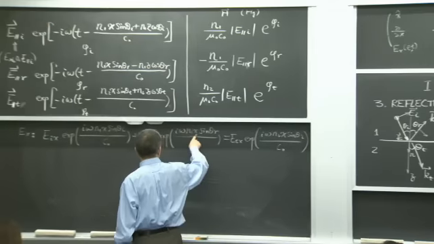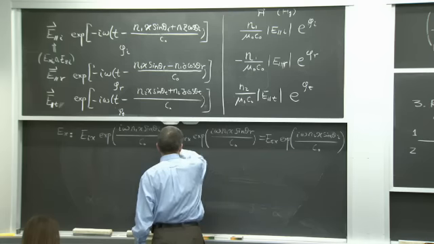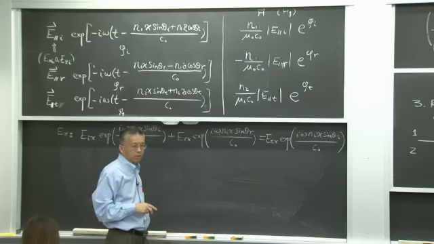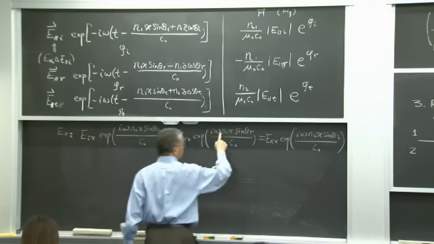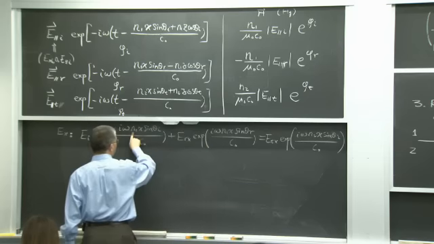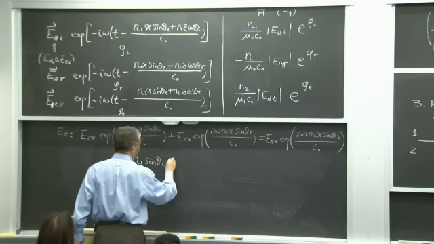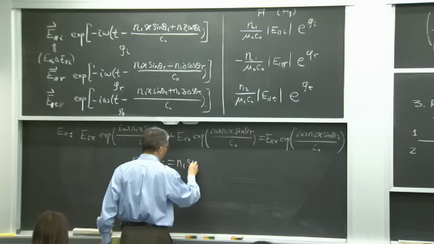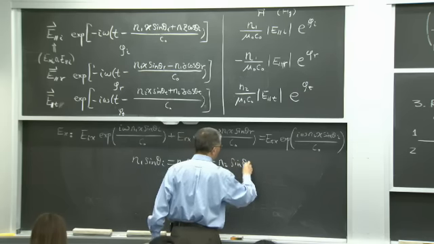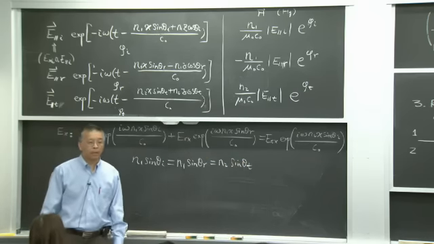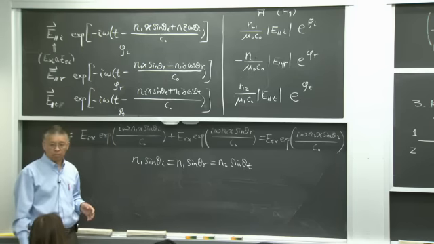So for this equation to have a non-trivial solution, all exponential terms must equal each other. And omega, of course, doesn't change. So you can say n1 sine theta_i equals n1 sine theta_r equals n2 sine theta_t. If that happens, it gives me all the exponents equal.